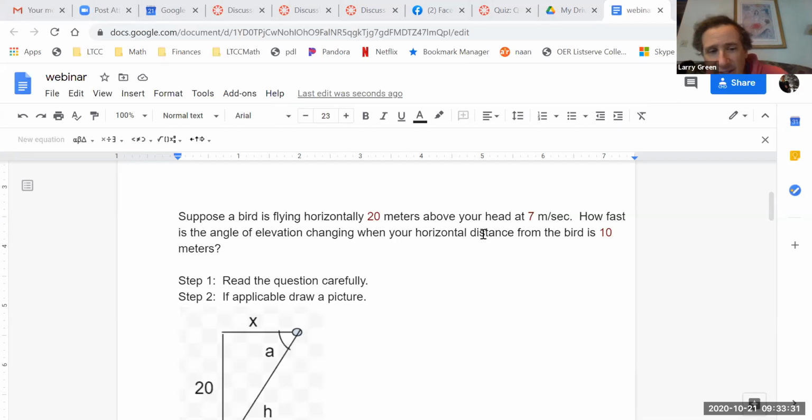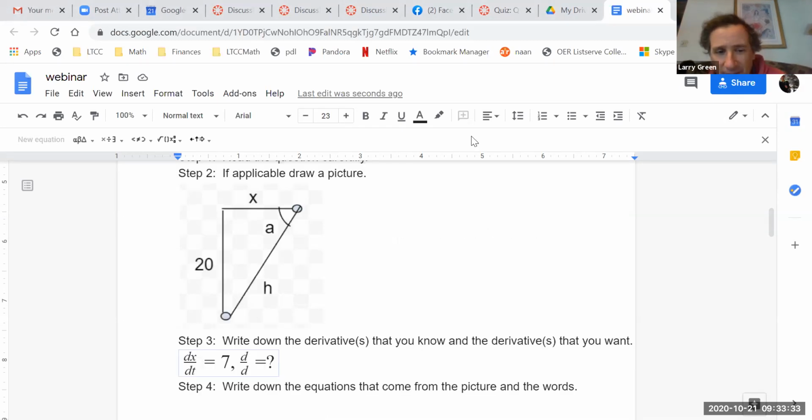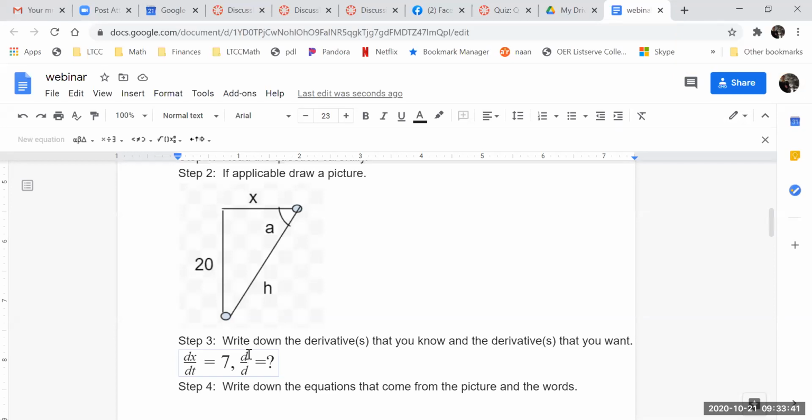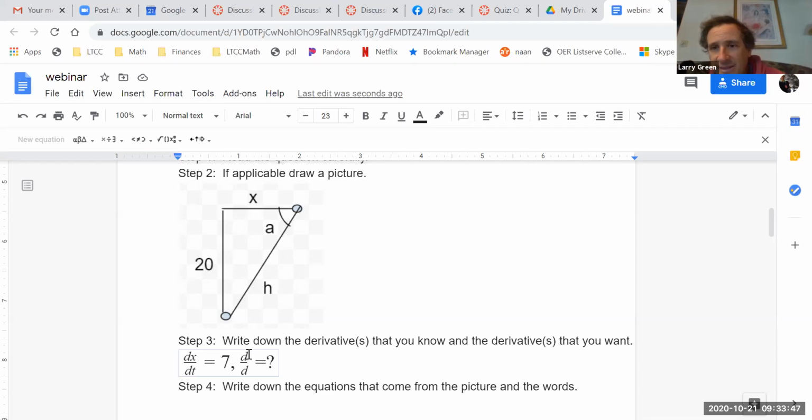That's the question. So how fast is the angle of elevation changing? Did you take the inverse tangent? Now you're making it way too hard. It's d something over d something. And what letters? When you hear how fast, what's the bottom for sure? Yeah, it's dA over dt.